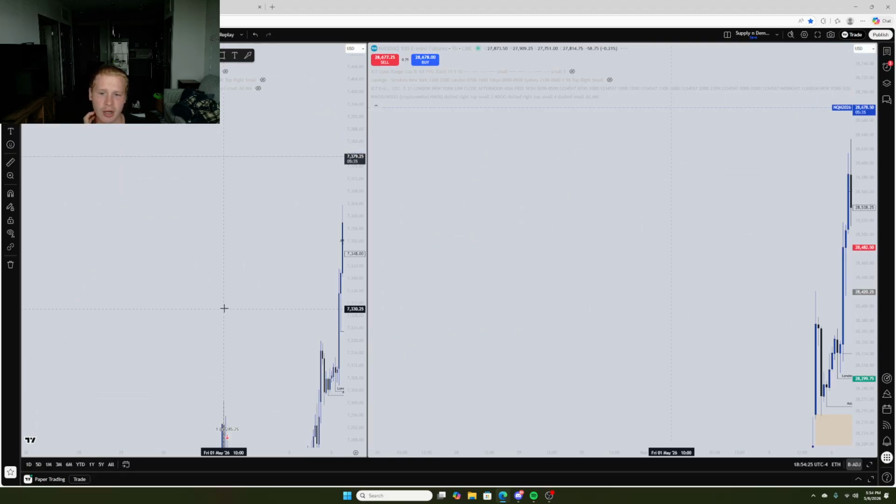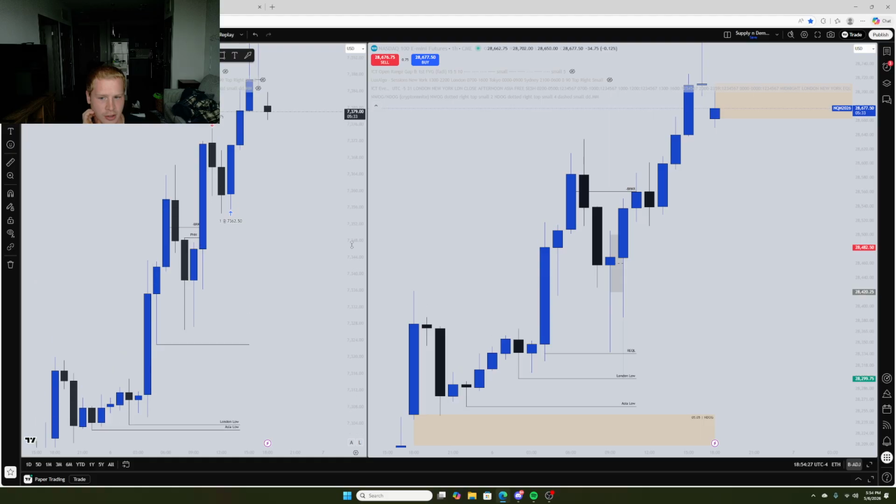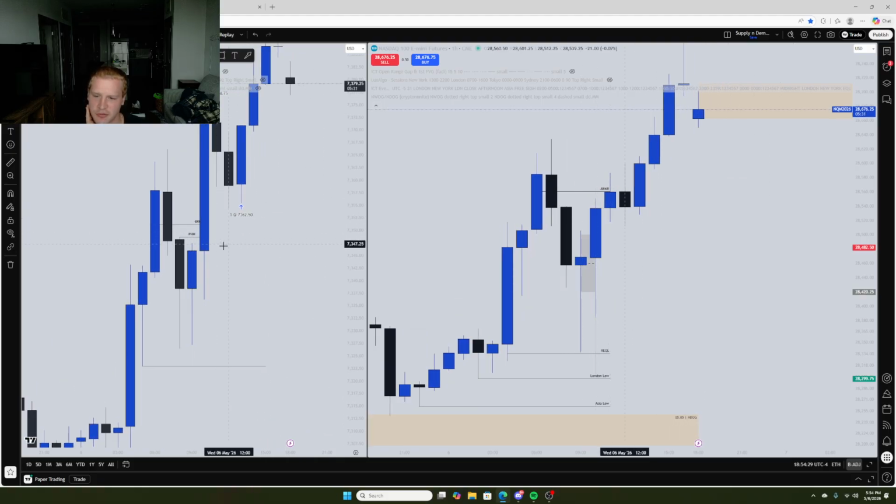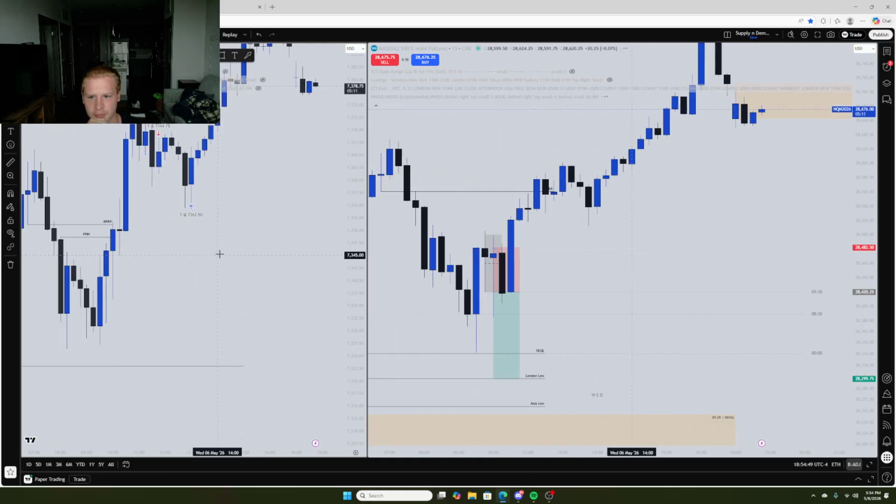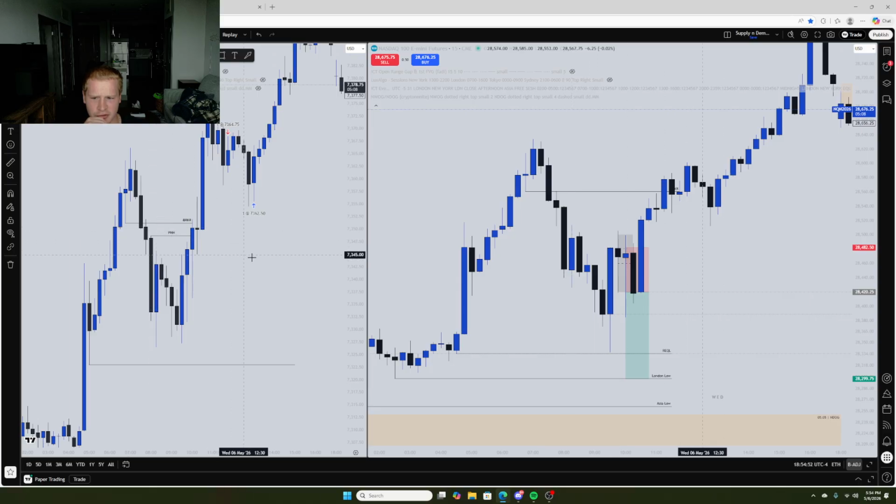One thing I didn't mark out was the previous hourly high on ES, because if we were to dump at 10 a.m., a good manipulation is a previous hourly candle. Like the first CRT, you can see this candle open up, swept out this low, and now we reversed. Same scenario over here, but in the opposite direction. So we swept out this high. I was like, bet, this looks pretty good. It's happening into this unfilled 15-minute, and then we have the SMT up here, so I'm like, bet.